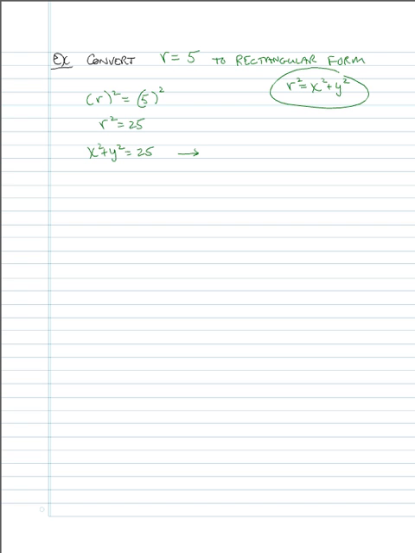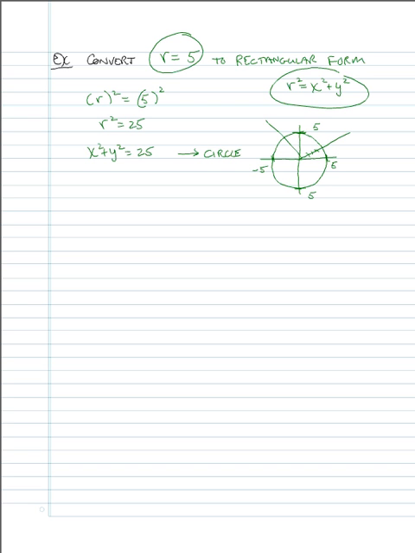And we recognize that as a circle. That's a circle that's centered at the origin and has a radius of 5, doesn't it? So here we're 5 units out, here we're 5 units out, here we're 5 units out, and here we're 5 units out. Now stop and think about this equation r equal 5. That has no information whatsoever about the angle. So what it's telling us is no matter what angle we pick, we're going to go 5 units out. 1, 2, 3, 4, 5.